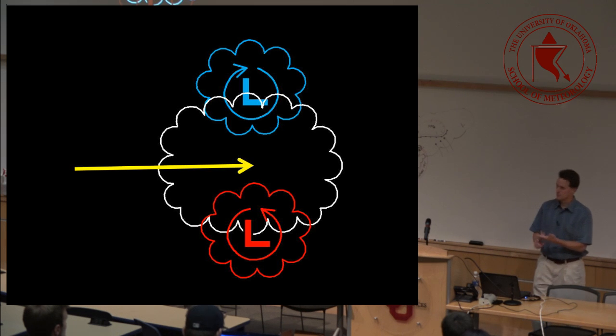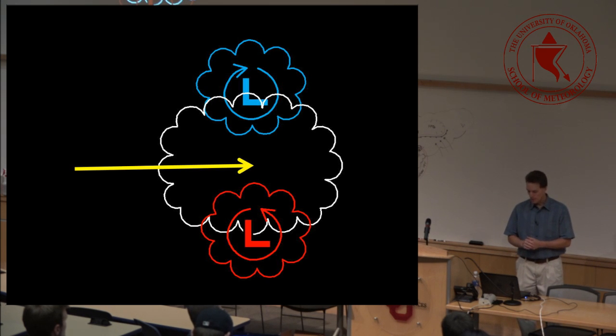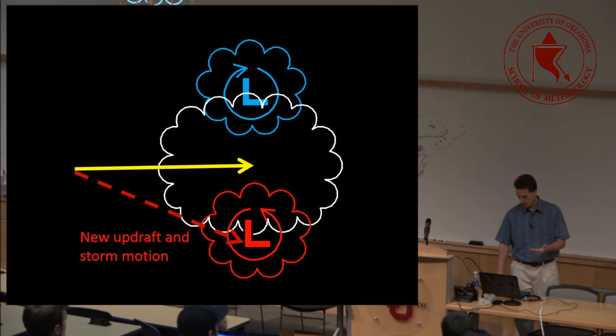If you have sufficient buoyancy and sufficiently weak convective inhibition and sufficient moisture, this weak pressure perturbation can indeed initiate new updrafts. The trick now is, where are these updrafts with respect to the horizontal vorticity tubes compared to earlier?